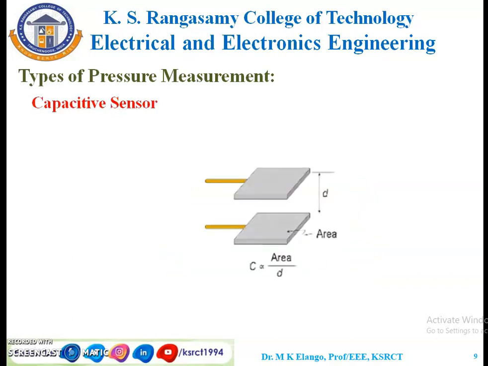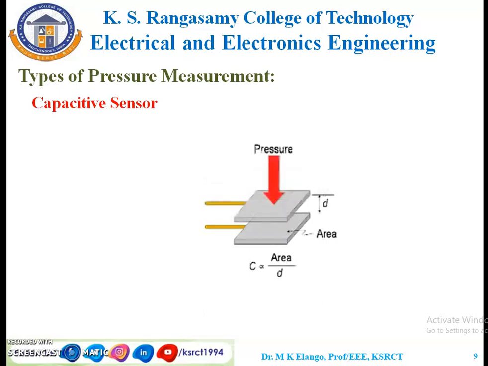And the next one, capacitive sensor. It is also used for pressure measurement. We know the basic formula for capacitance: C is equal to epsilon A by d, where d is the distance and A is the area between the two plates of the capacitor.